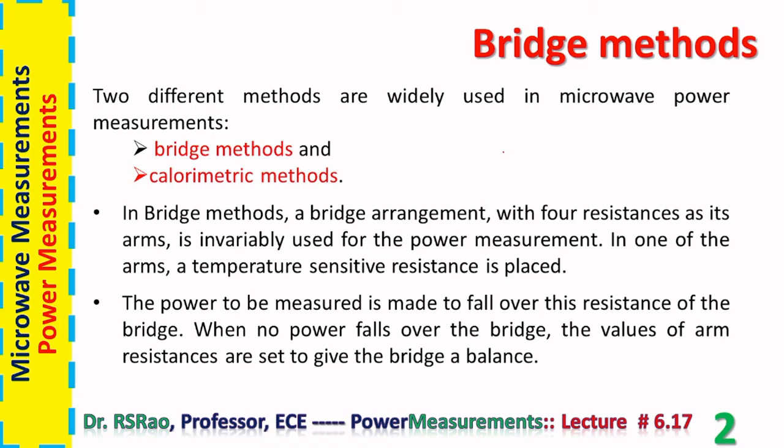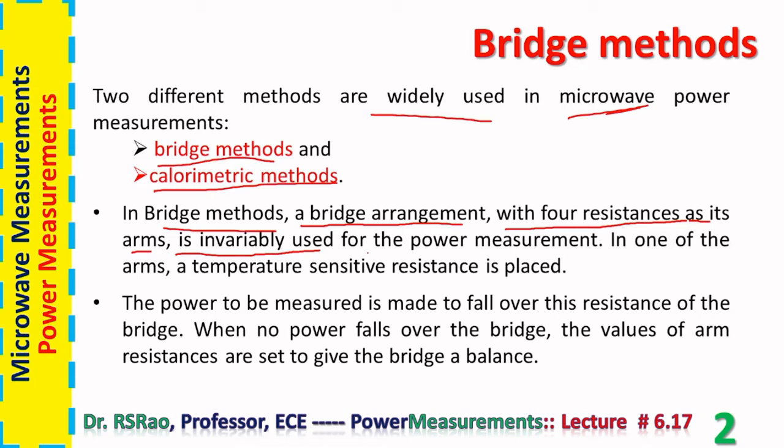Two different methods are widely used in measuring microwave power: bridge methods and calorimetric methods. In bridge methods, a bridge arrangement with 4 resistances as its arms is invariably used.